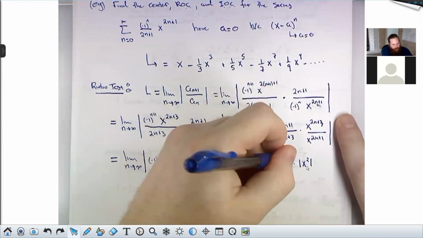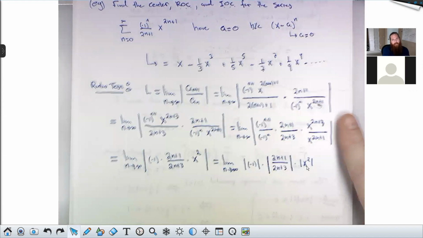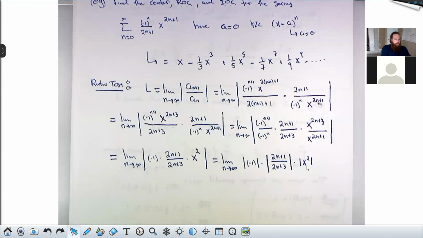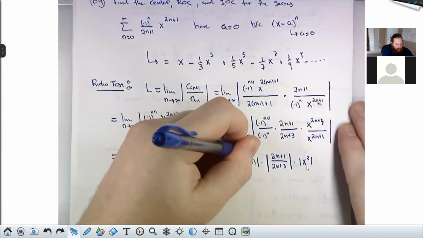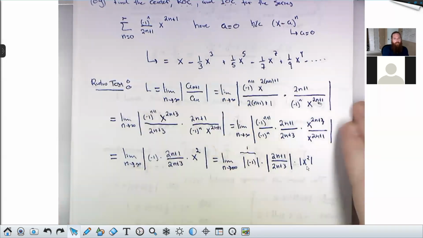And only one of these pieces depends on n. This piece is just straight up equal to 1, and 1 times anything is just that thing.